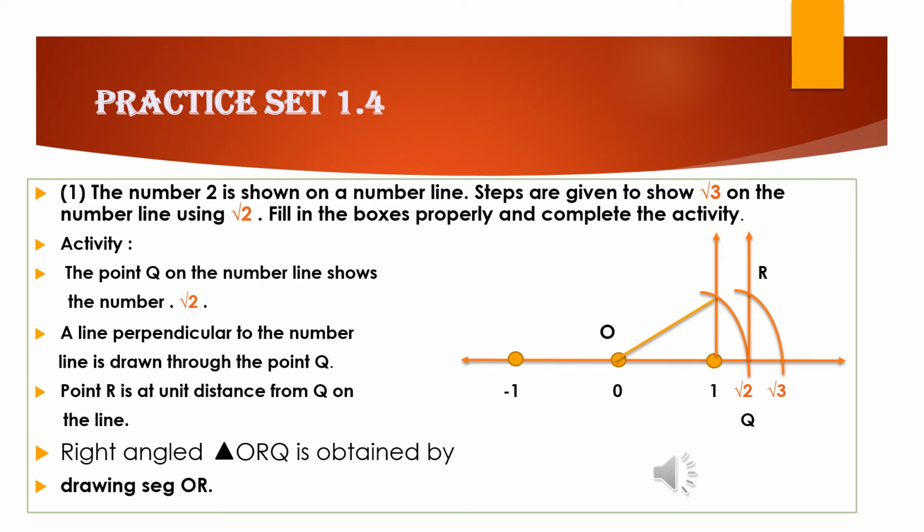A line perpendicular to the number line is drawn through the point Q. Point R is at unit distance from Q on the line. Right angle triangle ORQ is obtained by drawing segment OR.